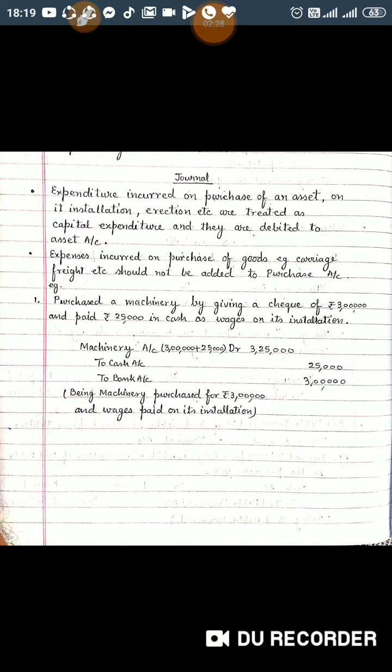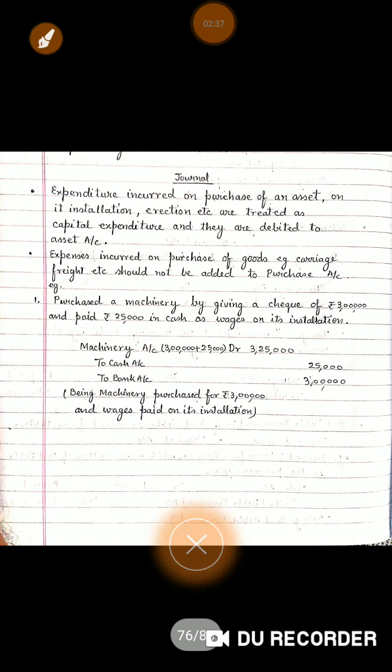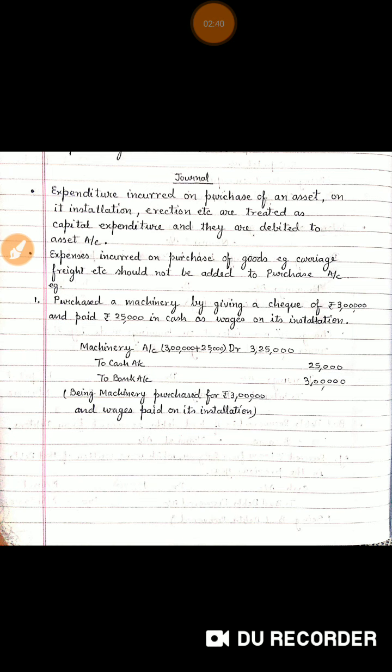Today I start with a very important note: whenever you purchase an asset, if any expenses are incurred on purchasing an asset and to make that asset work, all the expenses incurred from purchase up to the time the asset starts working become the cost of the asset.